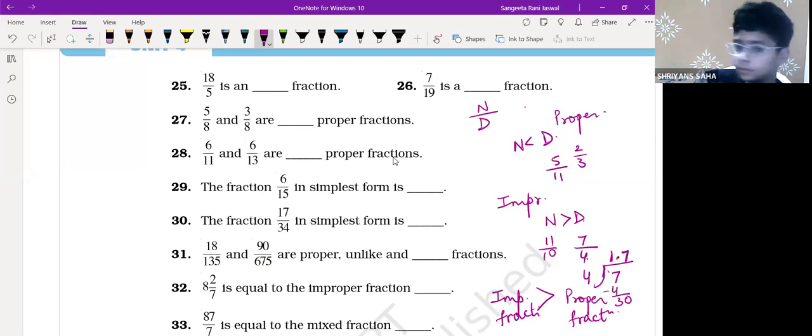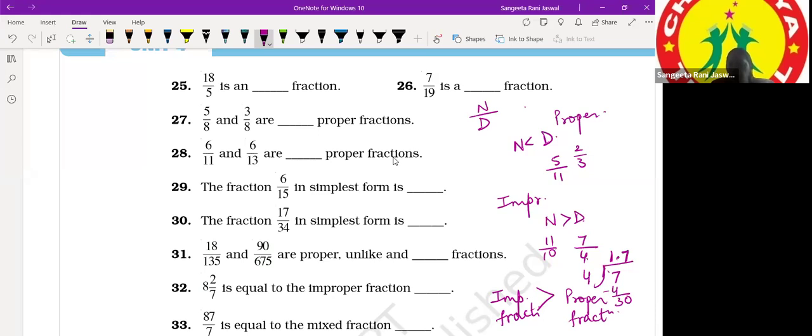Yes, ma'am. Okay. So I showed you that when you divide any improper fraction and change it to a decimal value, it will always be 1 point something, no? So something greater than 1. But when you take the decimal form of a proper fraction, say 2 by 3, when I divide 2 by 3, the first thing I have to take is the point, then 0 over here, then 3 sixes are 18, then 2.